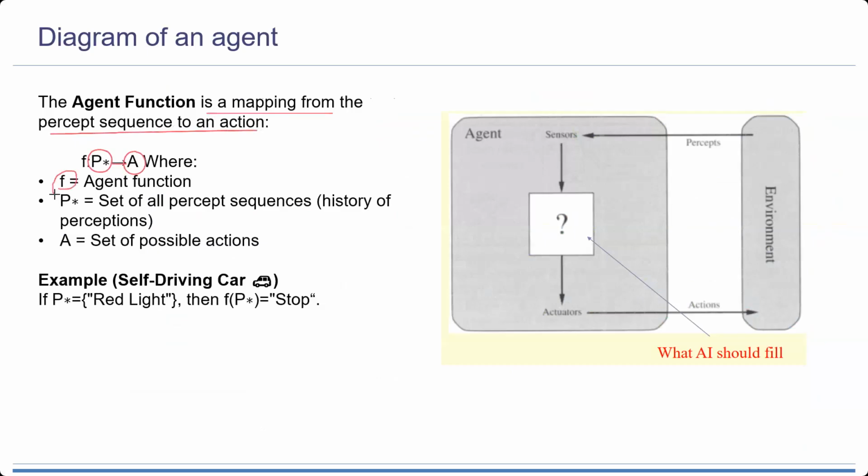F is a function, P is the set of all percept sequences, or the history of perceptions, and A is the set of possible actions. For example, the camera sees the red light. If the percept sequence is a red light, then the function of the percept sequence is stop. So that's the definition. If, then.